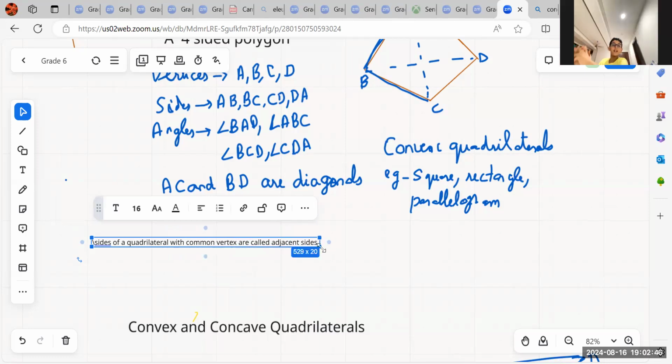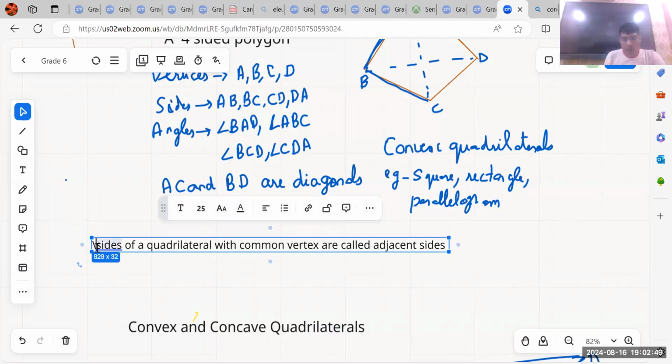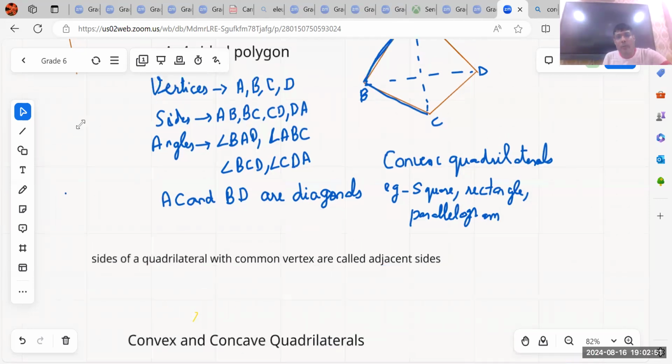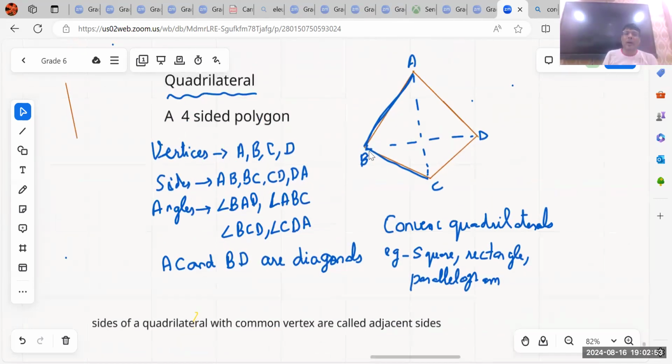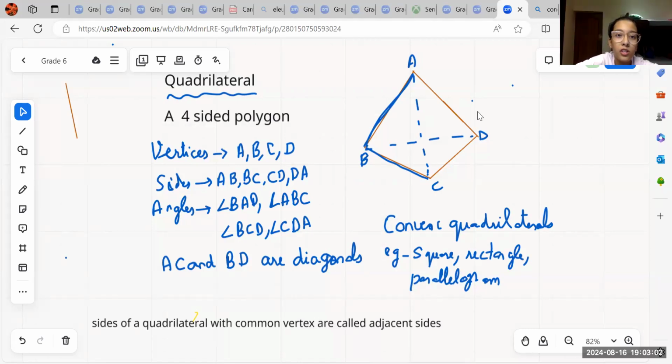Sir, all quadrilaterals have adjacent sides. Yes, of course. Like which is the side adjacent to AB? It will be BC and AD. So there's an adjacent point, which is the common point, and then there are adjacent sides.